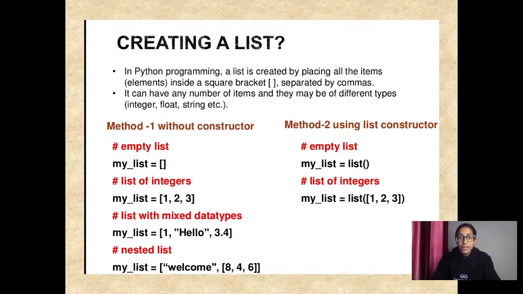We can use any number of items, and they can be of different types, either integer, float, string, or any other. There are two methods, without a constructor or with a constructor, so that depends upon how we create the list.